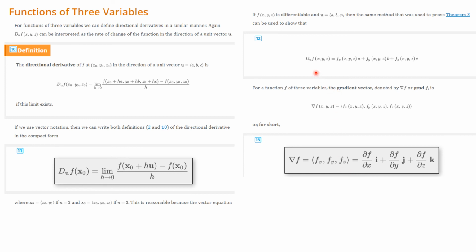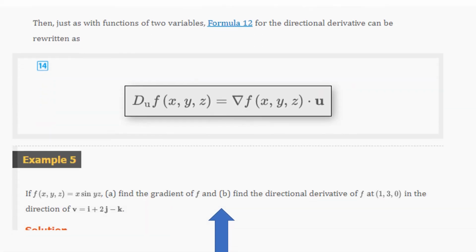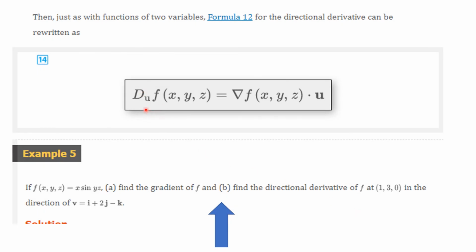Then I dot product that with the unit vector to get the directional derivative. So the directional derivative in the direction of u of f of four variables is this gradient dotted with this unit vector.